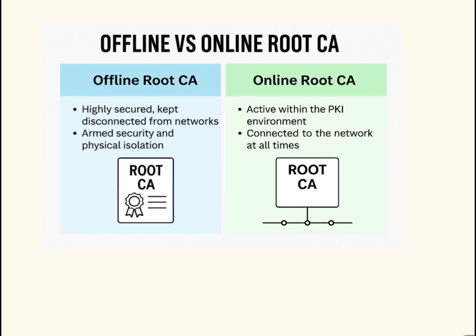So if you want to generate a certificate signing request on the sub CA, you transfer the CSR file, certificate signing request, to the offline root CA using a secure medium like USB, right? So if you have to submit that request, you have to use any secure medium like USB.